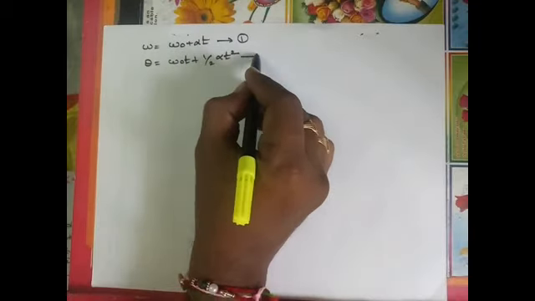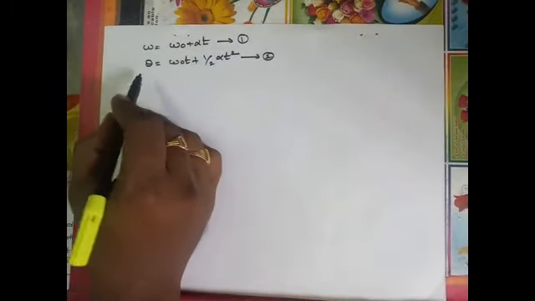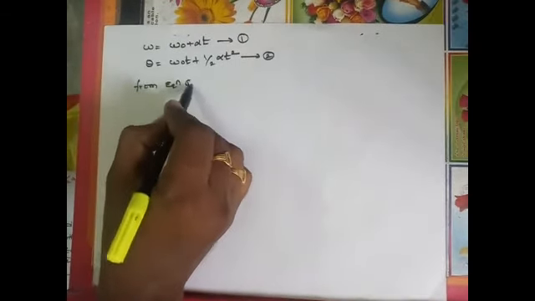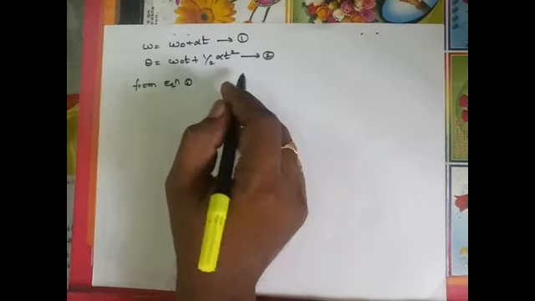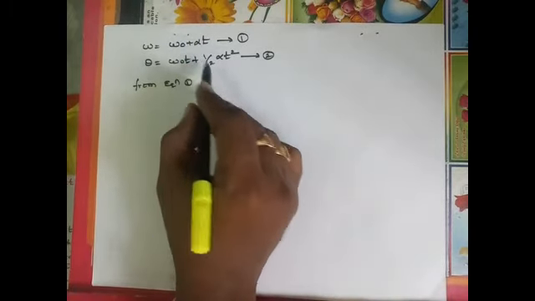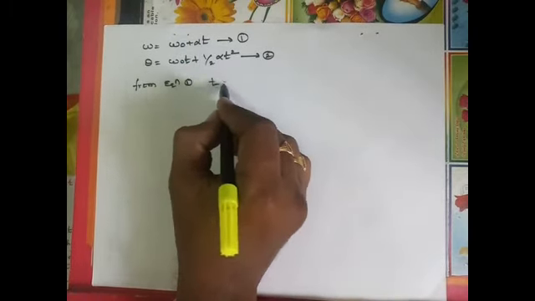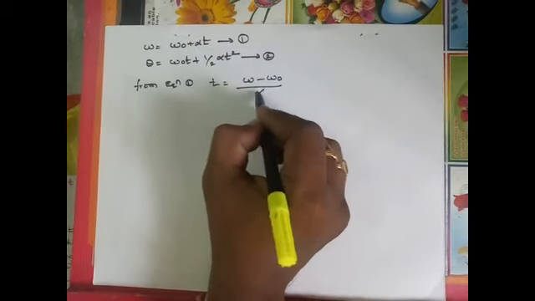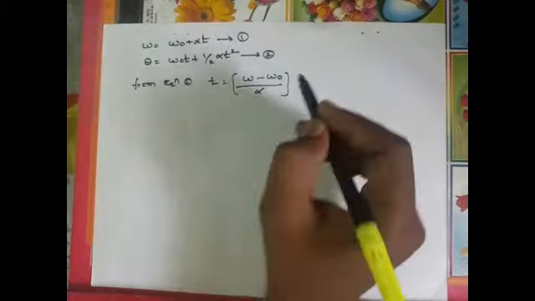From equation 1, t is equal to omega minus omega naught by alpha. Assume this is equation 3.